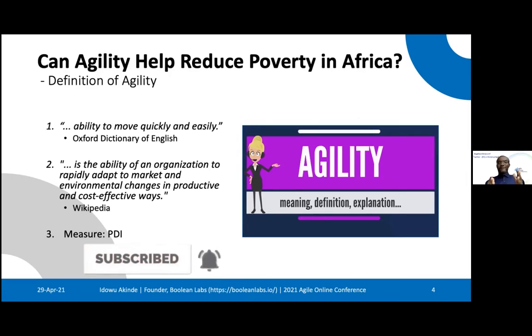So, for the purpose of this conversation, agility may mean something else, depending on the framework you support or adopt, depending on the community you are discussing with. But let's agree, for the sake of this conversation, that agility means the ability to move quickly and easily. I always like that definition. I've always liked it since the first time I came to the Agile movement.